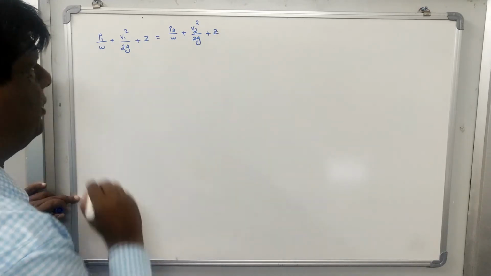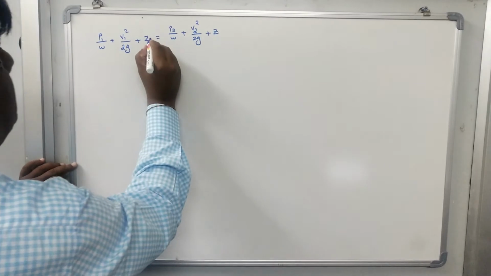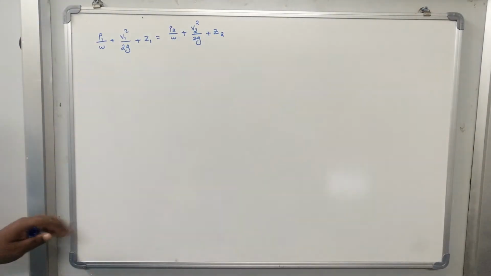Since we have considered a horizontal pipe, Z1 is equal to Z2.